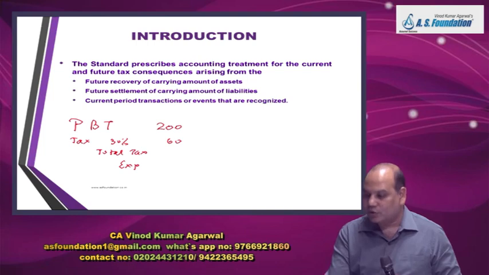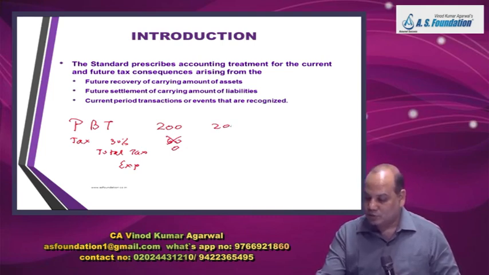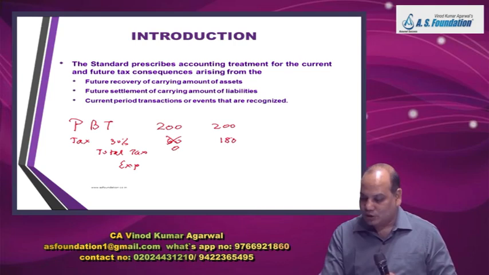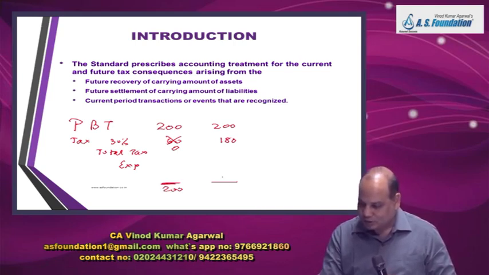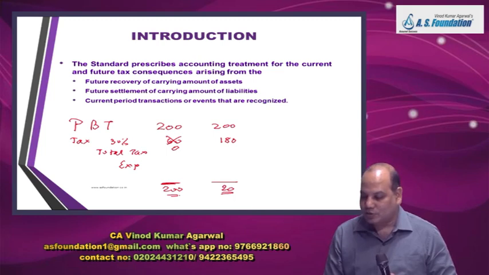Whereas if you don't follow this standard, it may happen you may not provide any tax liability in this year, and the next year again your income is 200 and you may provide a tax liability of say 180. So 1 year you will show an income of 200 and the other year the same company shows a profit of 20 rupees, and that is all happening because of your tax figure.